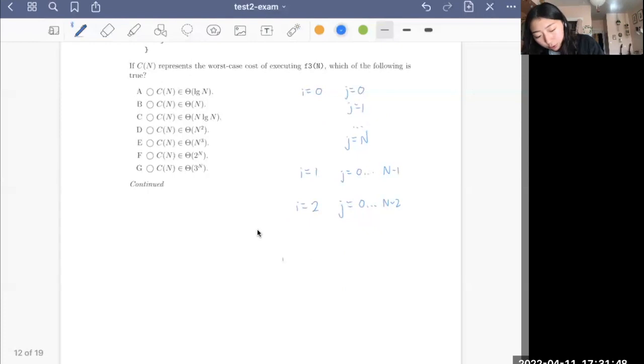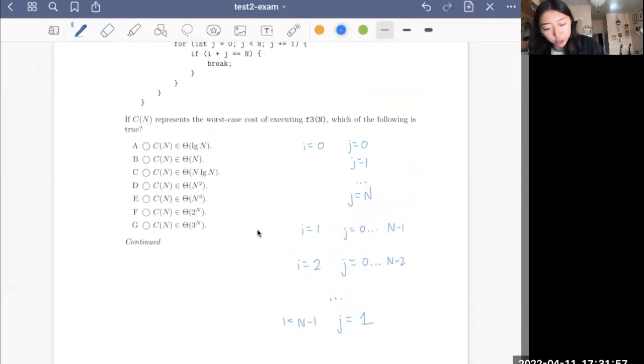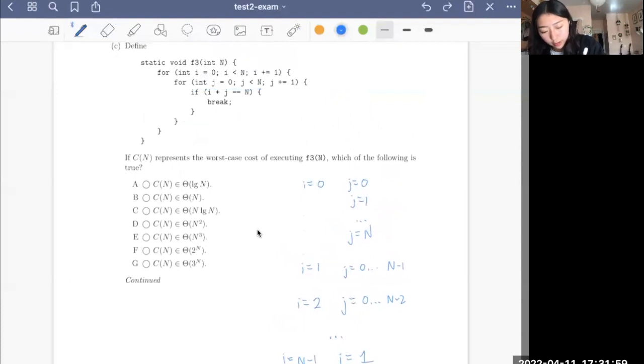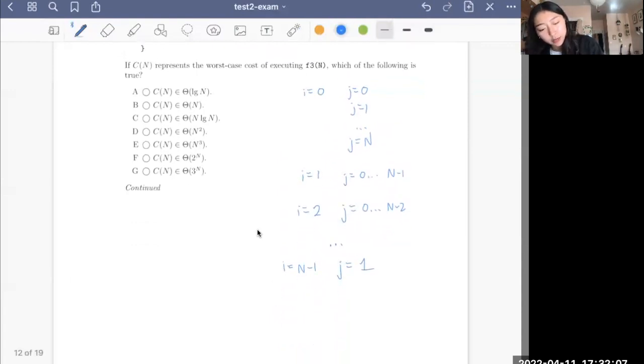And finally, skipping ahead in time, when i equals n minus 1, we're only going to have to look at j equals 1, right? Because then i plus j, or n minus 1 plus 1, will add up to n. And so you basically see as we go on in time and i gets bigger, j doesn't have to grow as much. Cool.